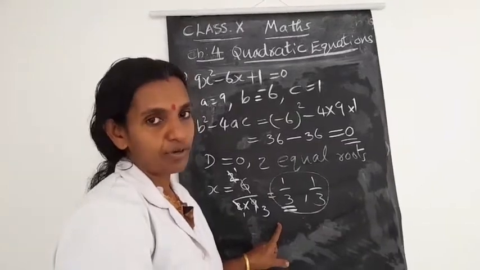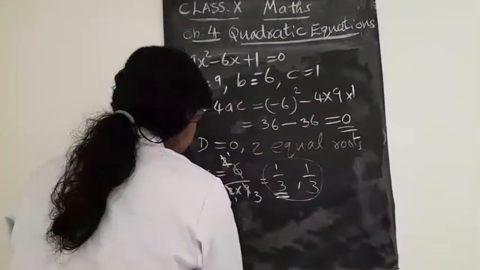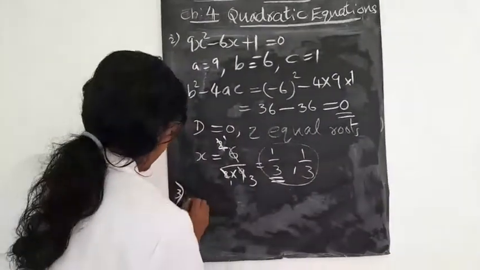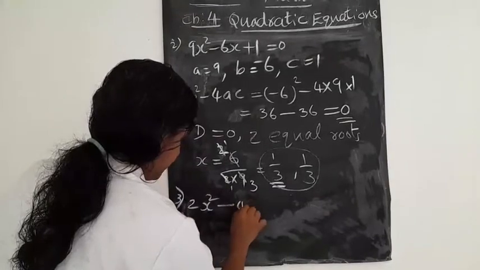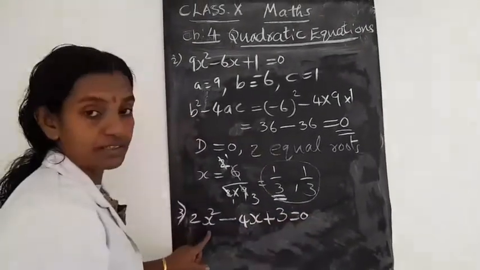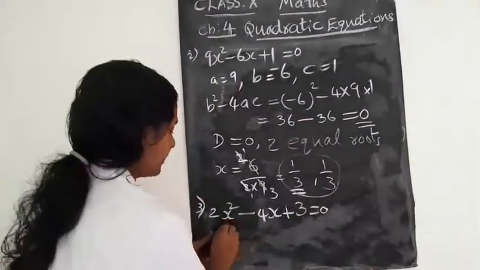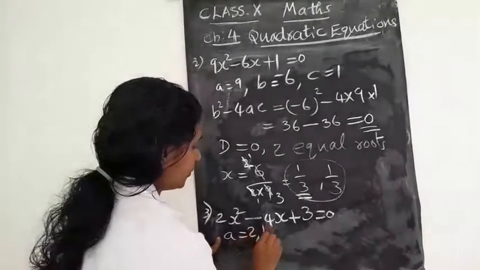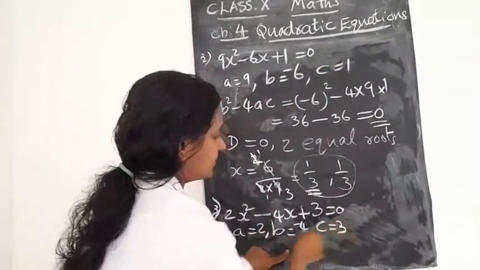Now we can see one more example. The next question is 2x square minus 4x plus 3 equal to 0. Here also we can write a equal to 2, b equal to negative 4, c equal to 3.